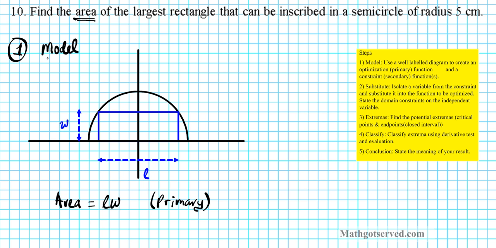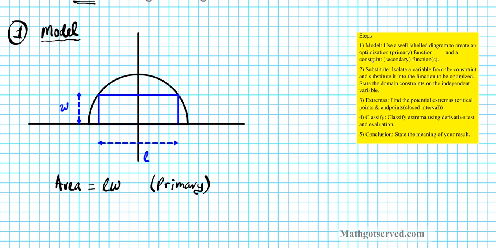So we need the constraint functions. We need primary and then secondary or constraint on the dimensions of our rectangle. So let's see, what is our length going to be and what's our width going to be? Now, what is the equation of a semicircle? If you look at this as a coordinate system, we have a semicircle graphed on a coordinate system.